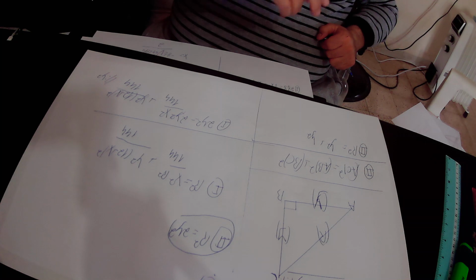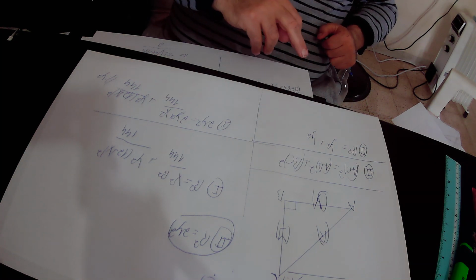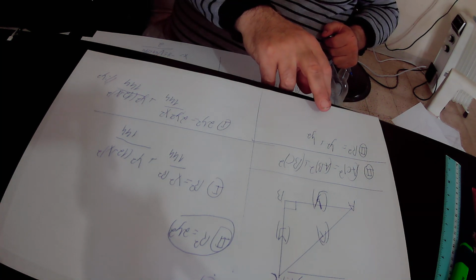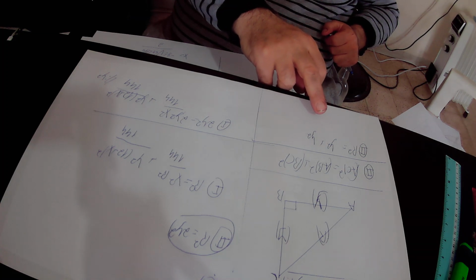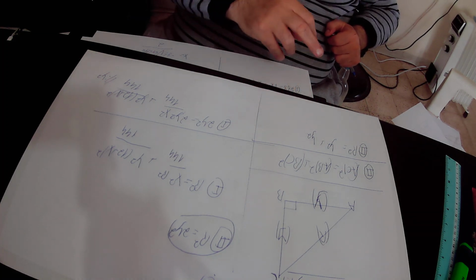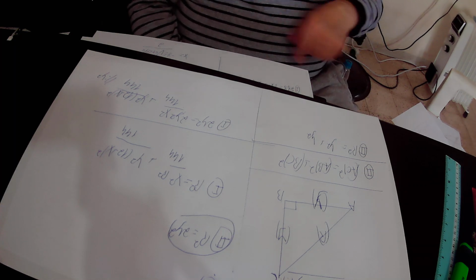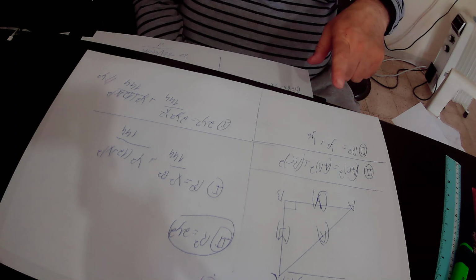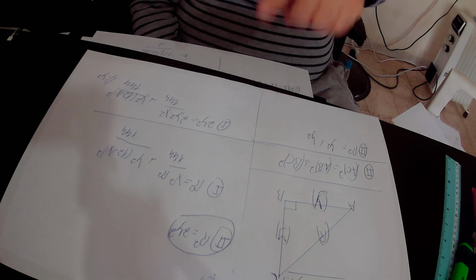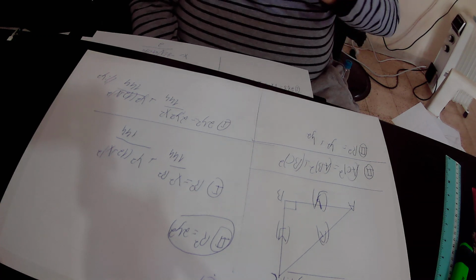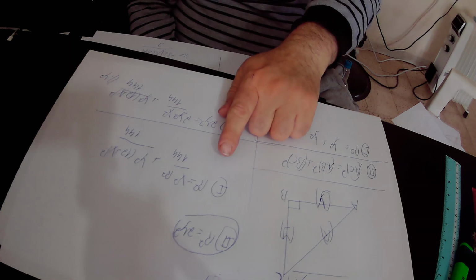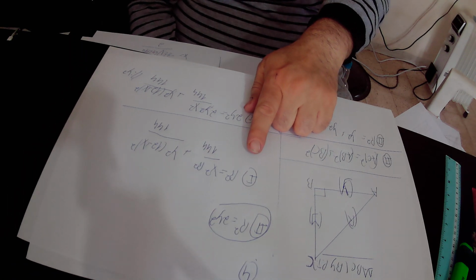AC is R, therefore AC square is R square, and AB square is Y square, plus BC square, which is also Y square. So R square equals Y square plus Y square, that is 2Y square. This is equation 2.